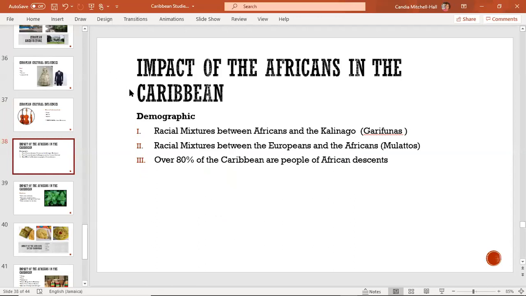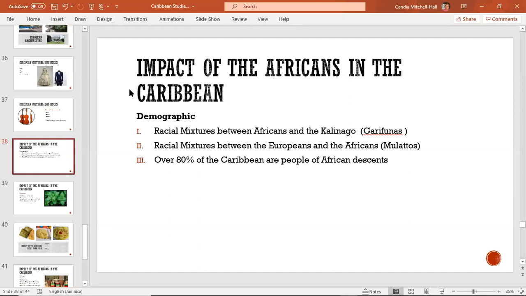For the impact of the Africans on the region in terms of our demography, we have the racial mixture between the Africans and the Kalinagos, which we know as the Garifuna, the Europeans and the Africans, the mulatto. So there's racial mixtures with the Africans. And if we look at the general makeup of the Caribbean today, over 80% of the Caribbean are people of African descent.